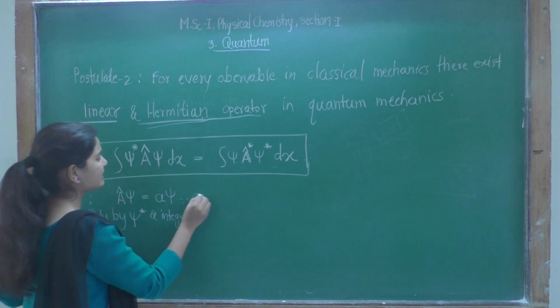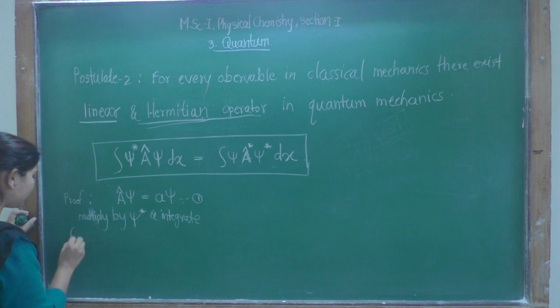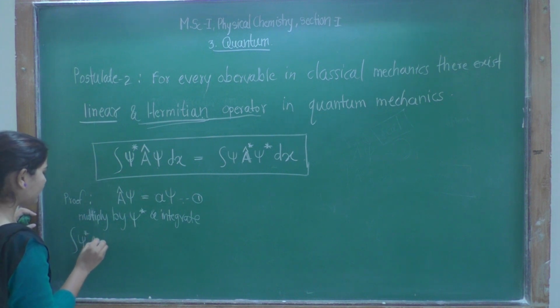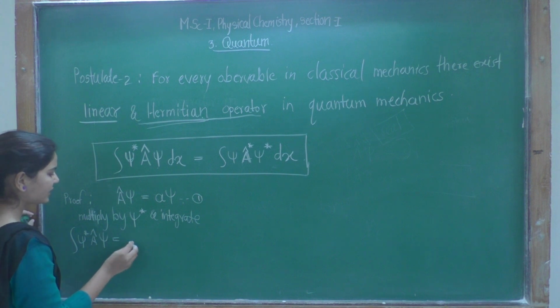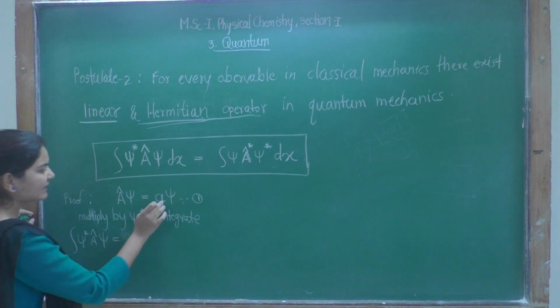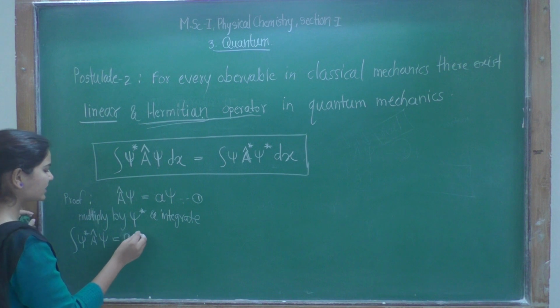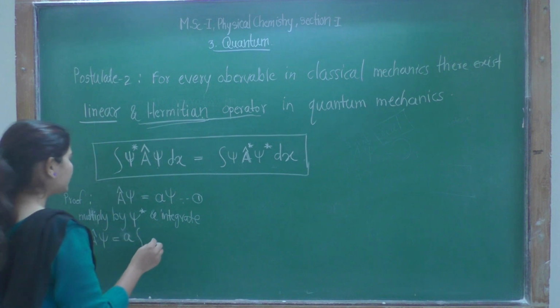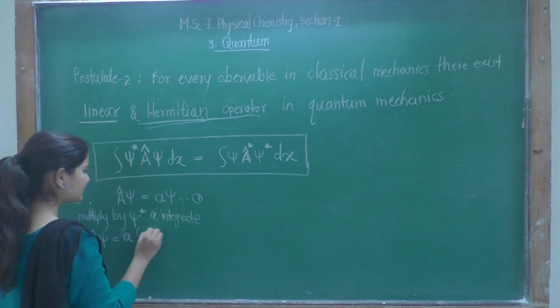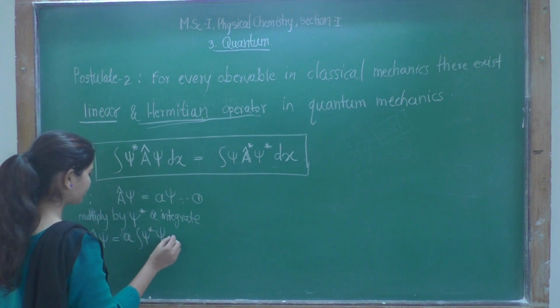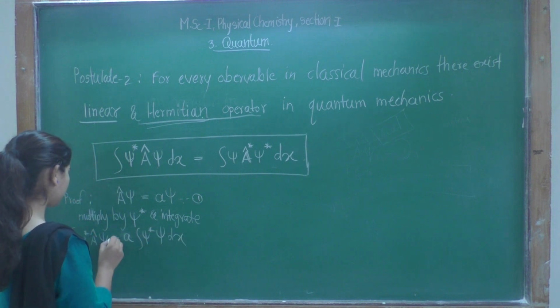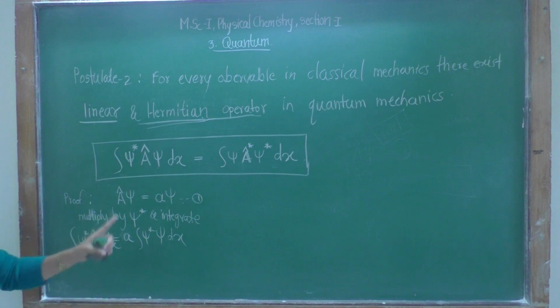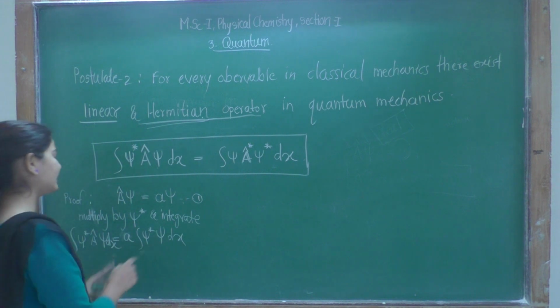This is equation 1. So if we multiply and integrate, integral of psi star A cap psi is equal to, again A is a constant, it can be taken outside the integration because it is a real number. So A integral of psi star psi dx, if psi is a function of x, so we write dx.